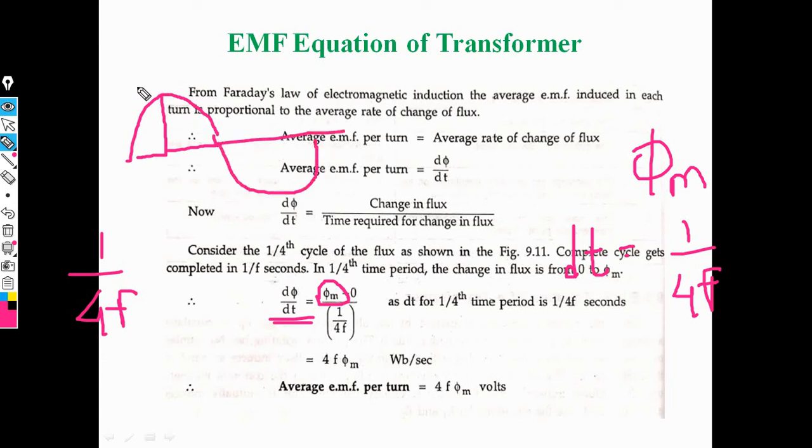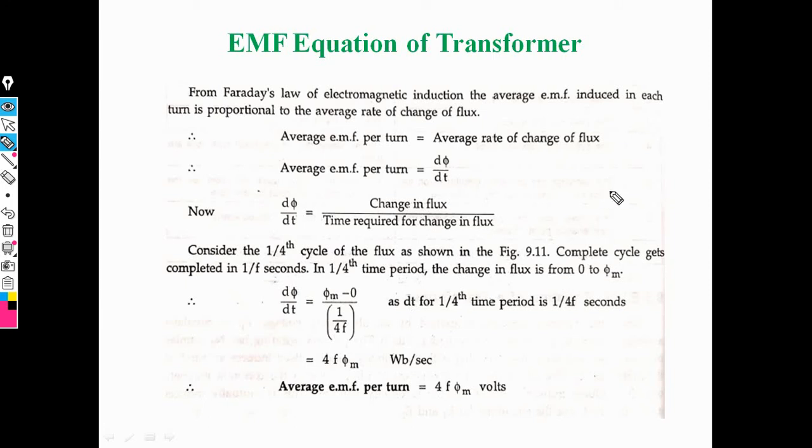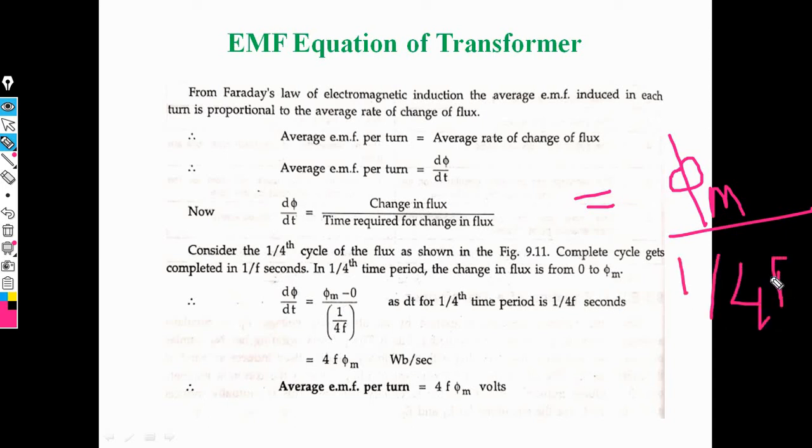So we have considered only a quarter cycle of the total sinusoidal waveform. Then d phi by dt is equal to phi m upon 1 by 4f, so 4f goes to the numerator, giving 4f phi m.